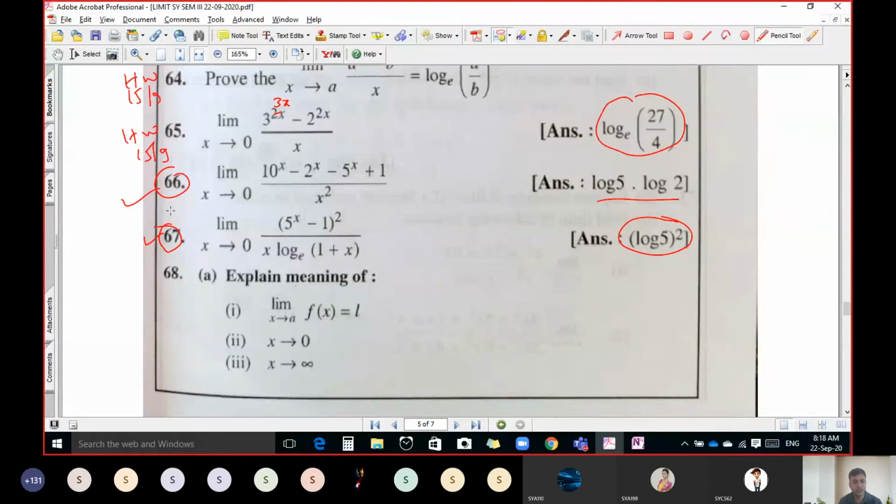This is a theory question. This is the definition of limit. If there is a question to explain this term, then you would write the definition.